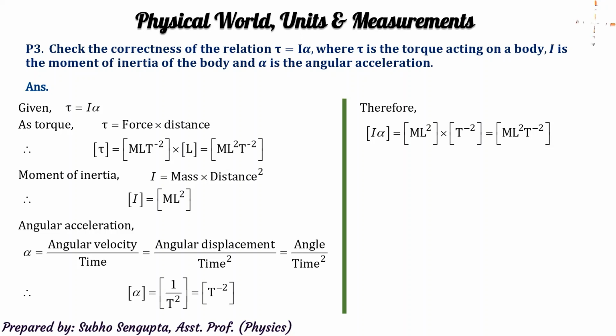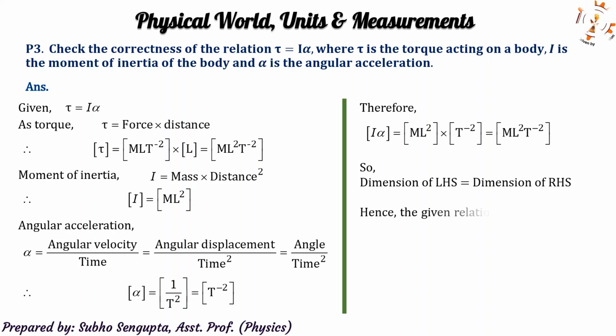This is exactly equal to the dimensional formula of torque. Therefore, we can say the dimensional formulae of the left-hand side of the equation and that of the right-hand side of the equation are the same. So, the given physical relation is dimensionally correct.